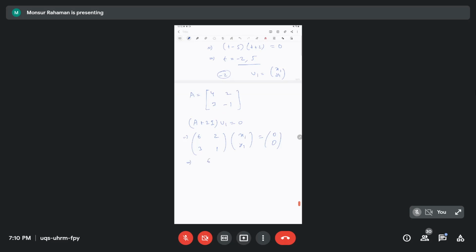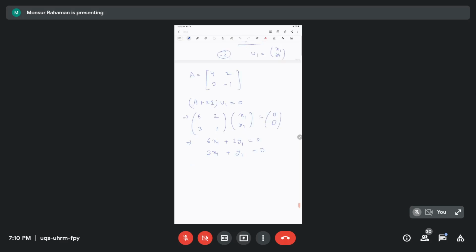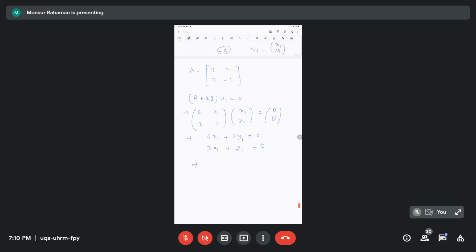So this is 6x1 plus 2y1 equals 0, and 3x1 plus y1 equals 0. It is obvious that if you multiply this with 2, you will find the other one.